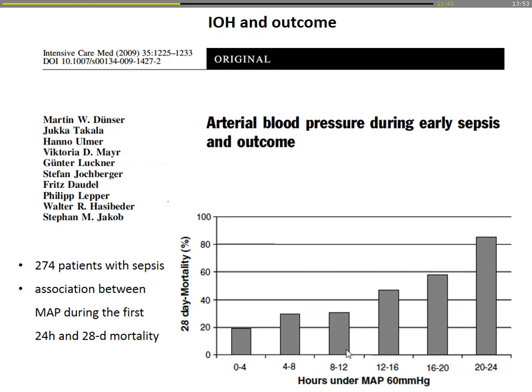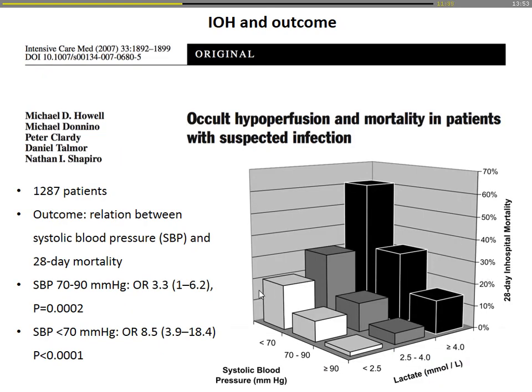So there was a clearly linear relation, as you see in the patients in the OR. And this is another study from Nathan Shapiro's group, looking at systolic blood pressure. The lower the systolic blood pressure, the higher the mortality was.